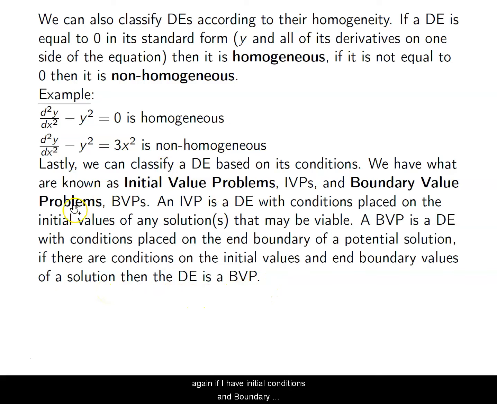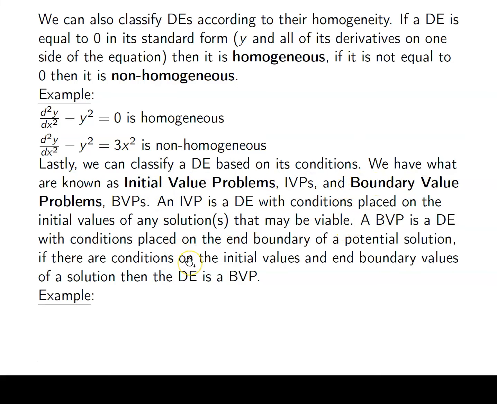If I have initial conditions and boundary conditions, BCs, then that's a BVP. But if I only have initial conditions, then it's an initial value problem. So again, one more time: if there are only initial conditions, it's an IVP. If there are initial conditions and boundary conditions, it's a BVP.